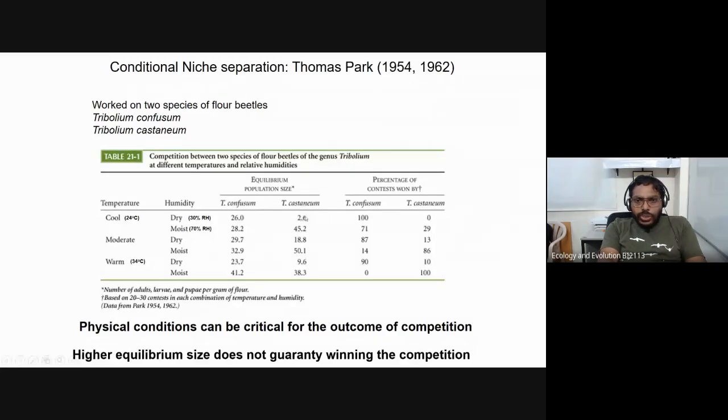So okay, which was the case where it was not holding? Yeah, here. So at this particular condition, although Confusum has a lower K, it actually ends up winning the higher proportion of the competitions, suggesting that higher equilibrium size does not necessarily guarantee that a species is going to win the competition.